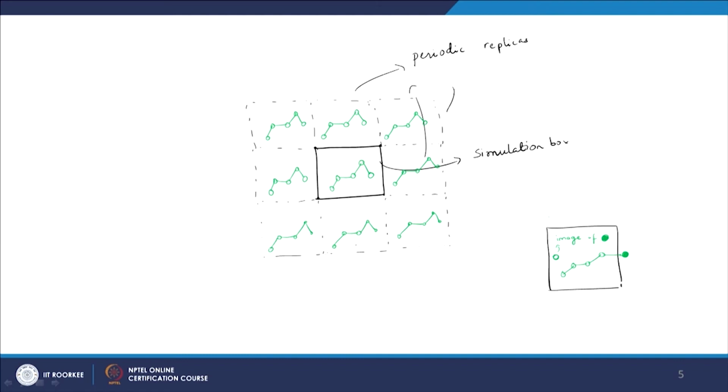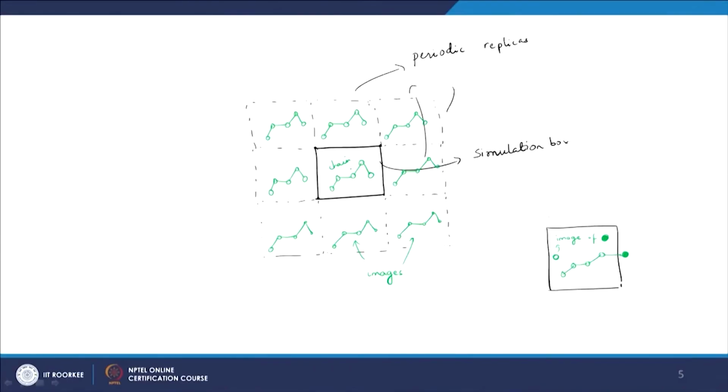So, I will call all these polymer chains images of this chain. Every time a bead or a particle moves out of the box, one of its images comes in from the opposite end, and in this way the wall effect is being modeled.